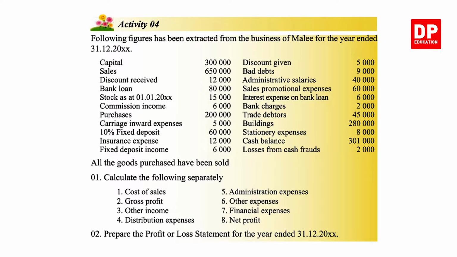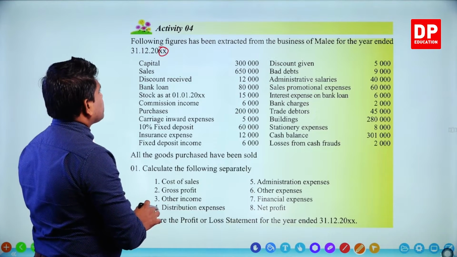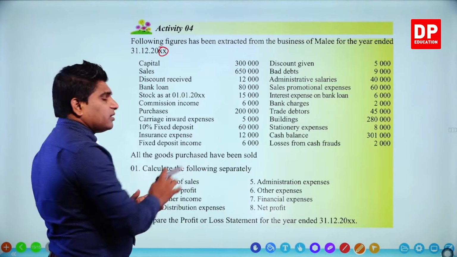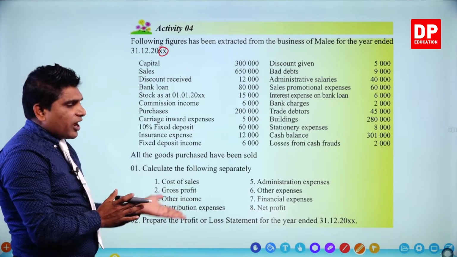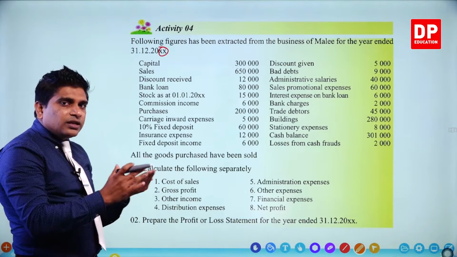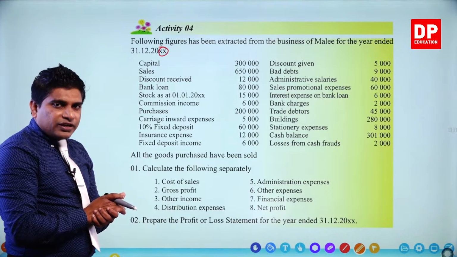Following figures have been extracted from the business of Mali for the year ended 31st December, any year you can put. The capital is given how much? 300,000.